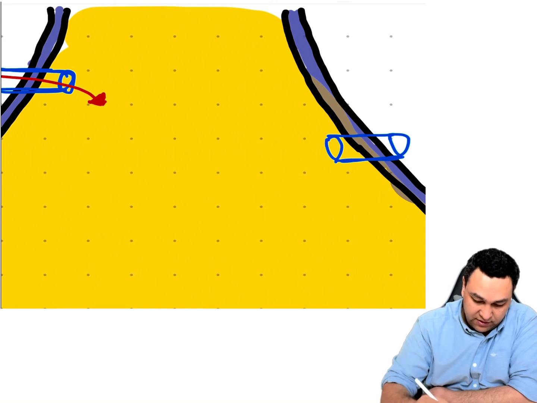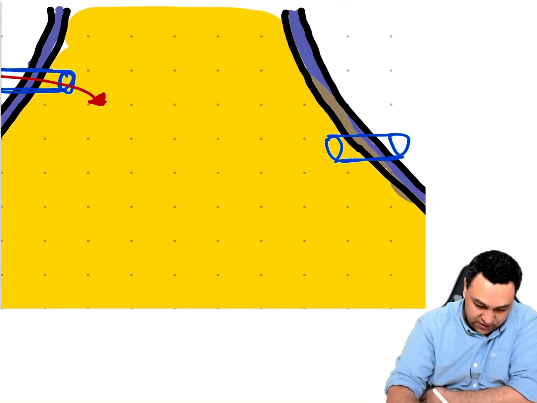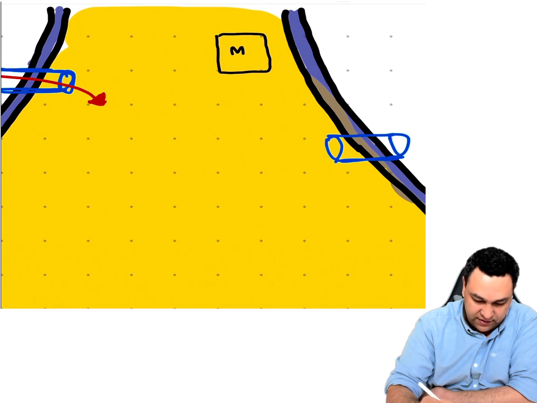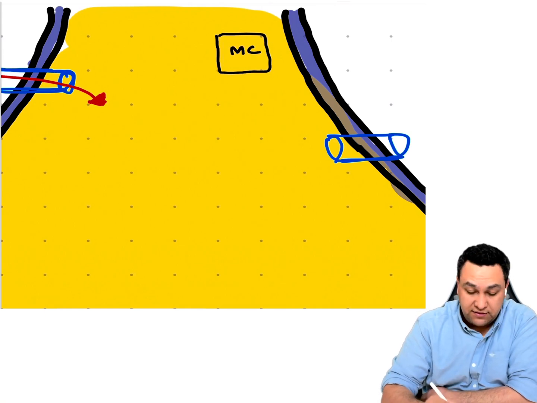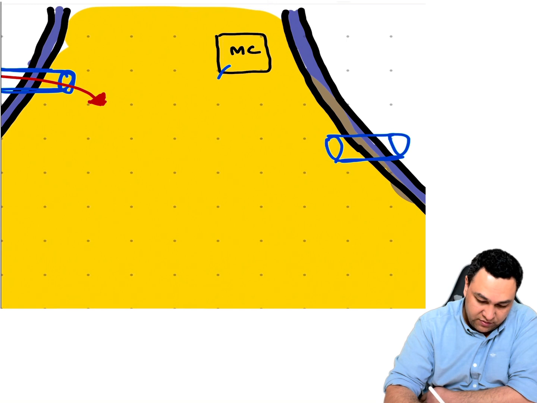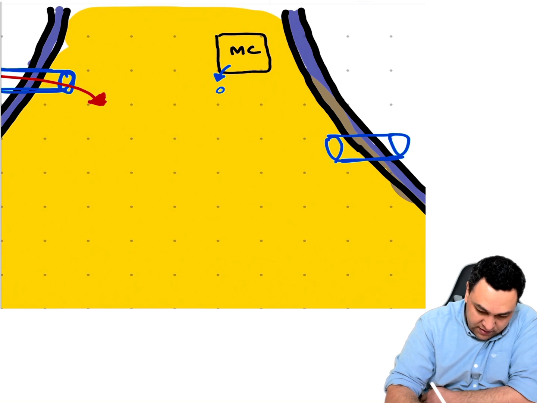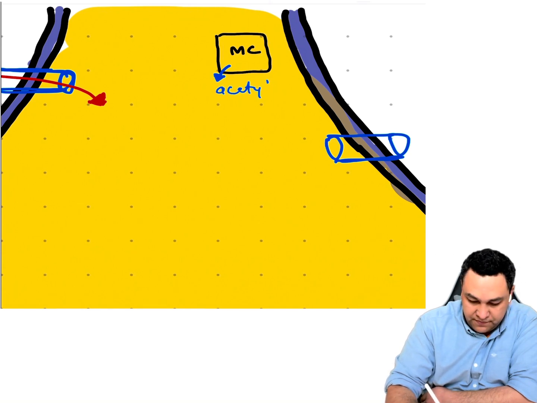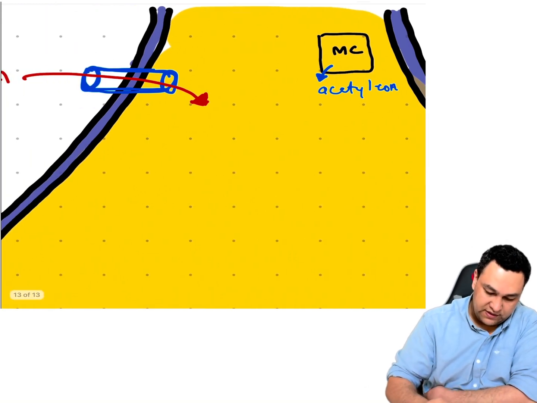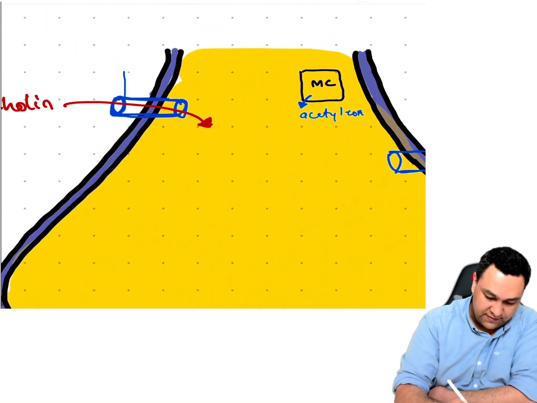The acetyl molecule can be found in the mitochondria. So here's our mitochondria, which is all the time releasing acetyl-CoA. So from the mitochondria there will be release of acetyl-CoA, and from the choline transporter here, the choline enters.